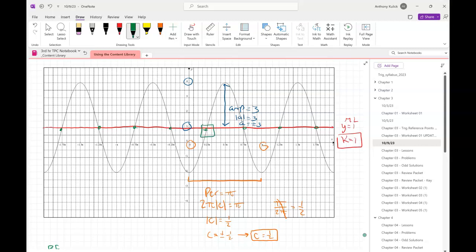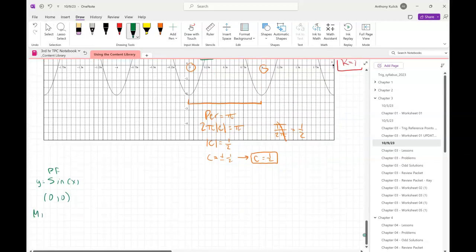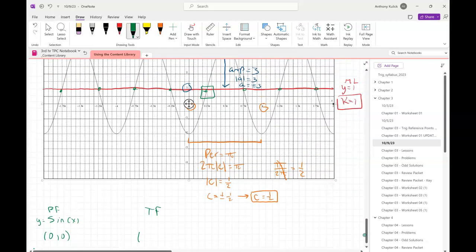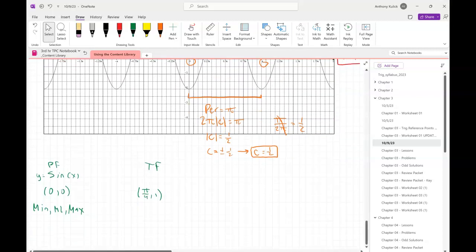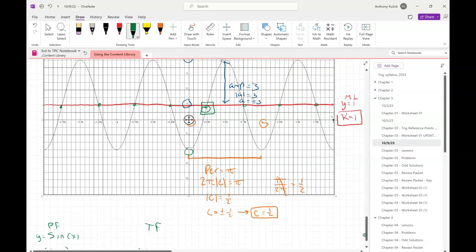Let's say for the sake of argument, I picked this one. So remember on the parent function, 0, 0 is our midline point, and it goes minimum, midline point, maximum. In our transformed function, the point we picked was pi over 4, comma 1, and that was a minimum, midline point, maximum.